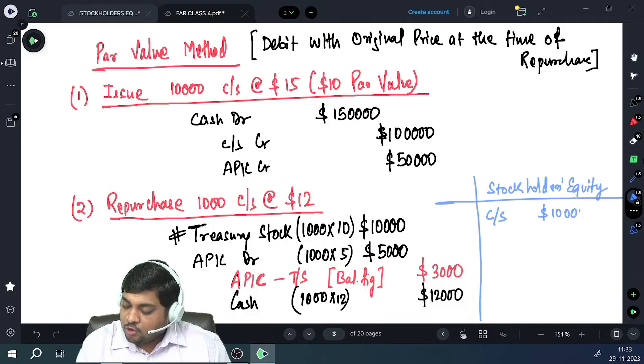When I talk about common stock, treasury stock will reduce directly.